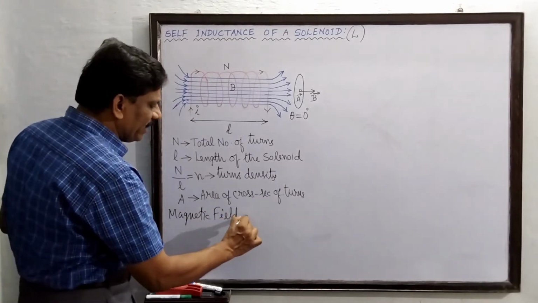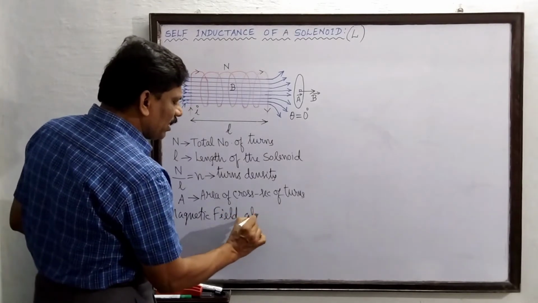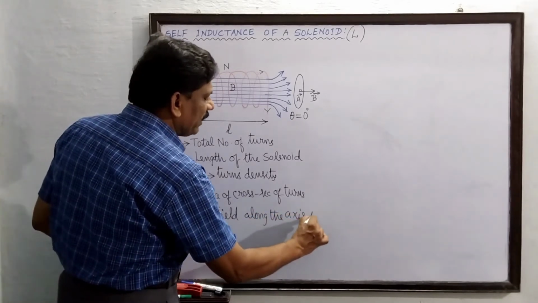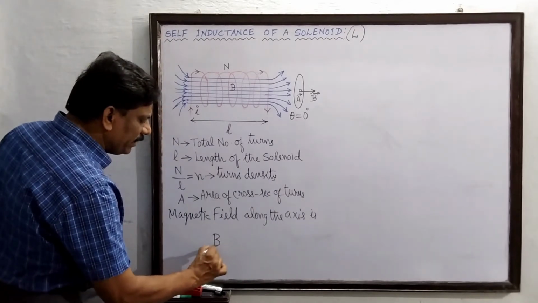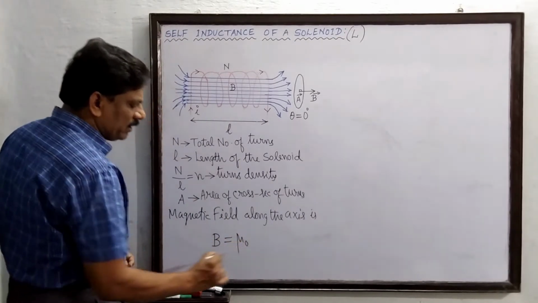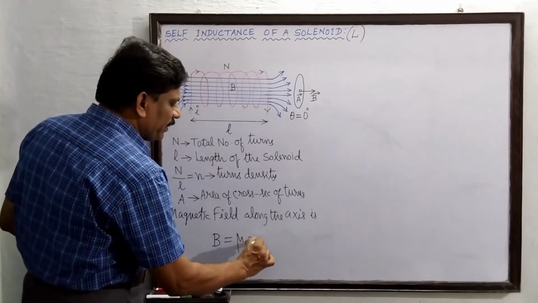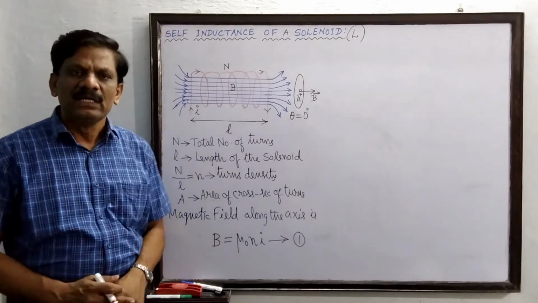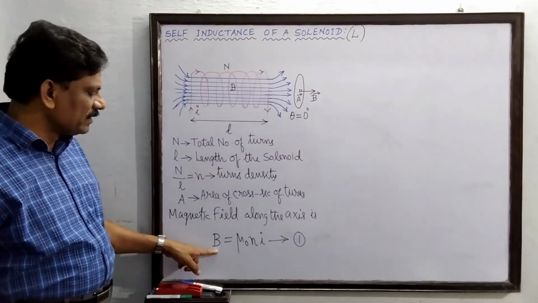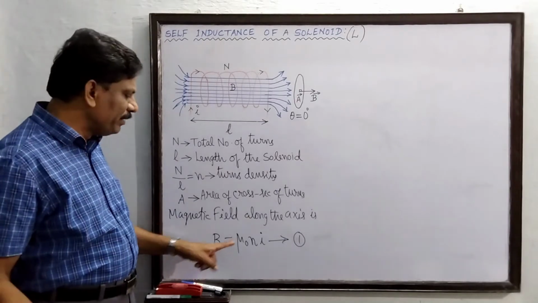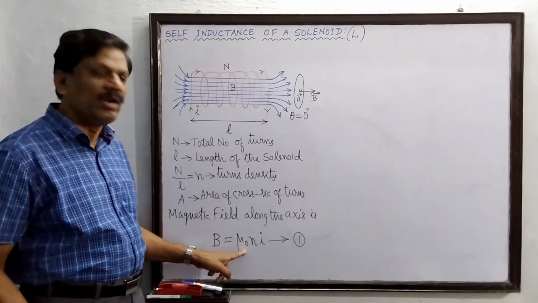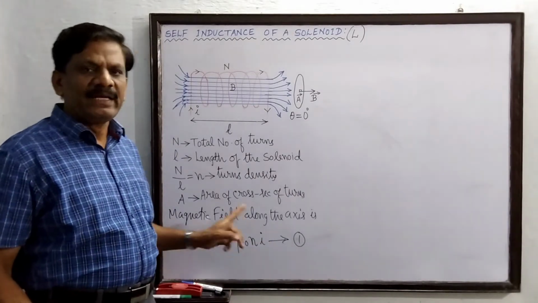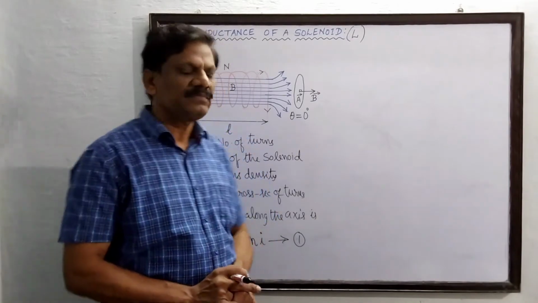It is given by B is equal to mu naught into small n into I. This is the first equation we should remember. I have written this in the scalar form. Magnitude of the magnetic field B along the axis of the solenoid is equal to mu naught times n into I, where mu naught is called the magnetic permeability of free space.